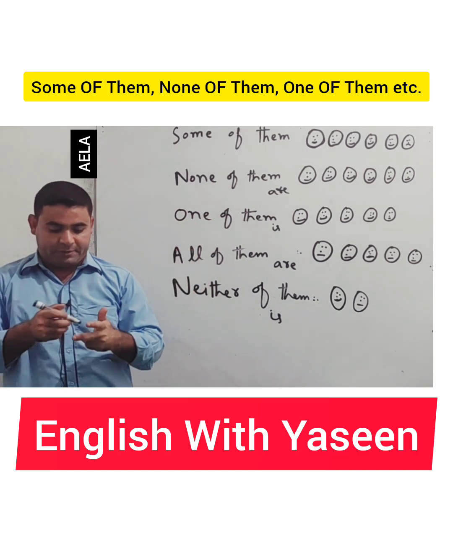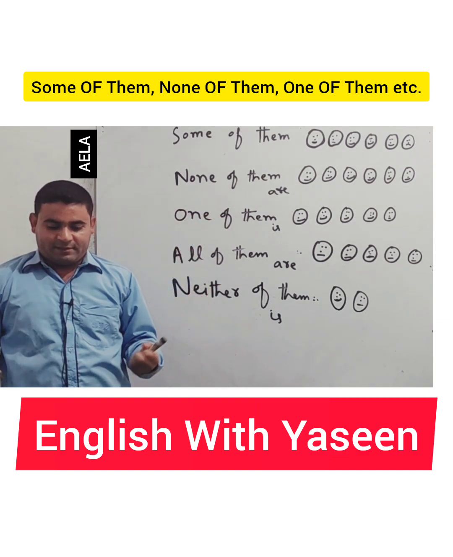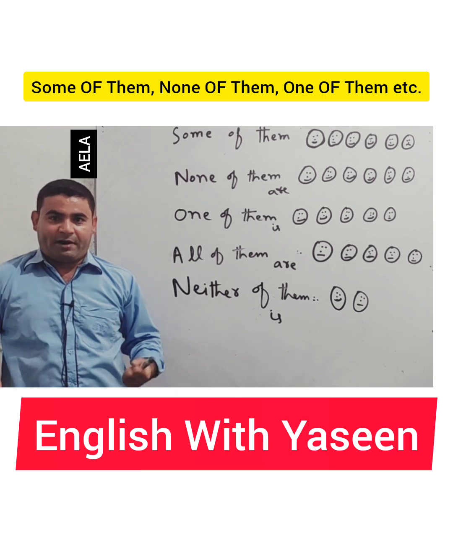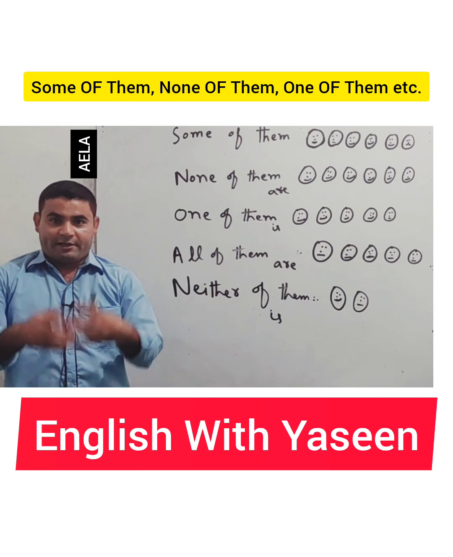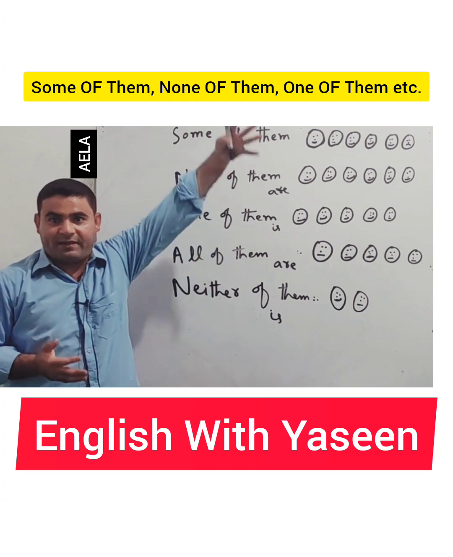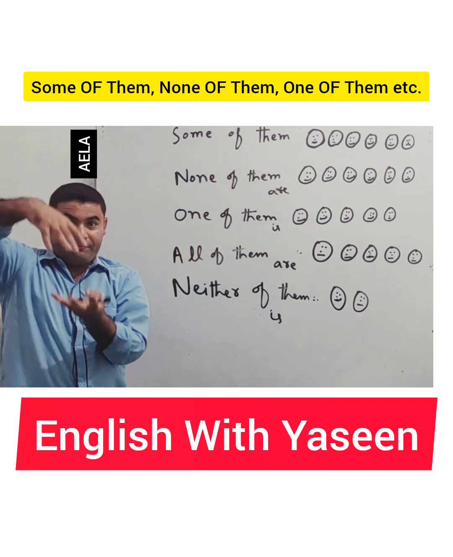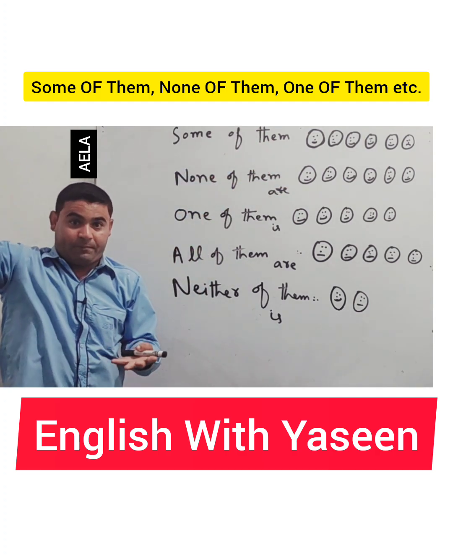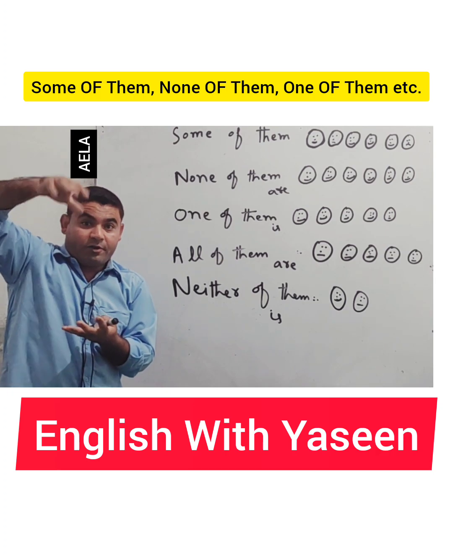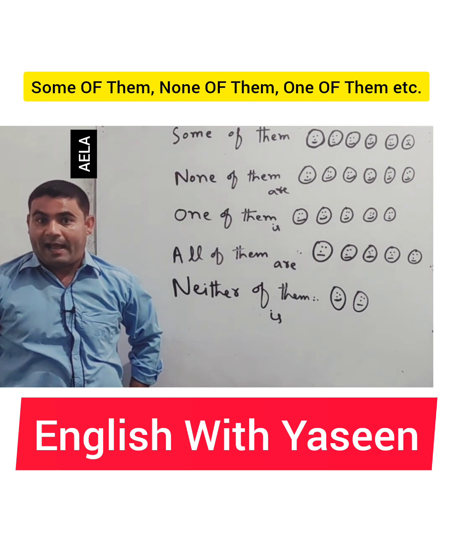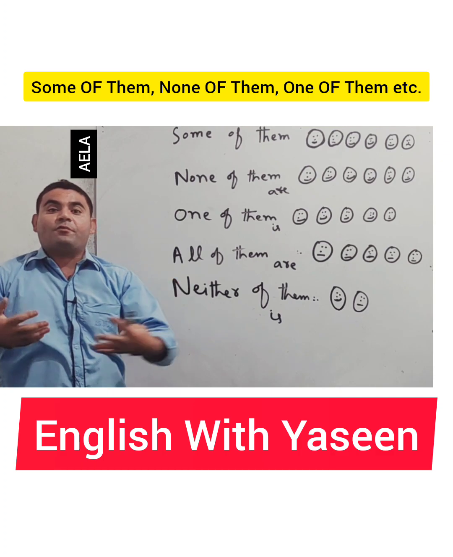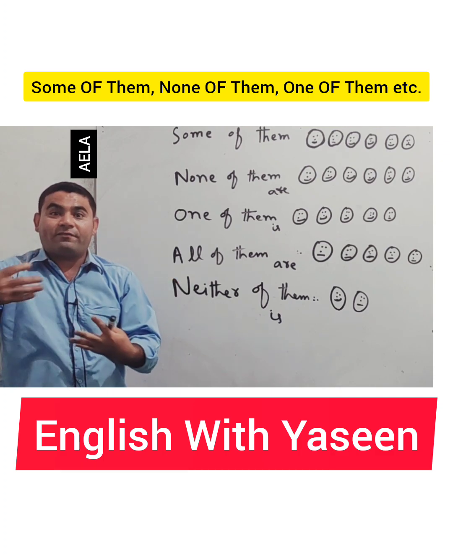For example, let's suppose there is a birthday party, a wedding party, and I tell my friend that all of them, I mean the guests, all of them were happy. That means I'm emphasizing that all of them were happy. It was such a great party that all of them were happy, or all of them were sad, or all of them were upset, or all of them were angry.